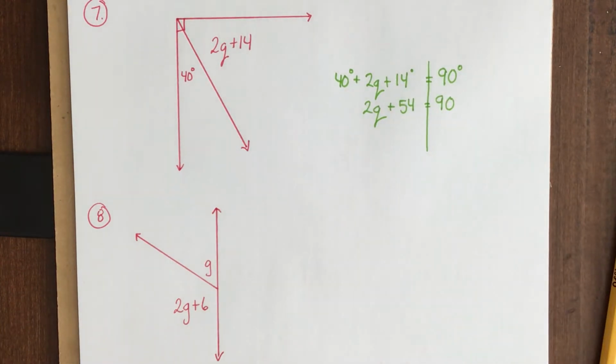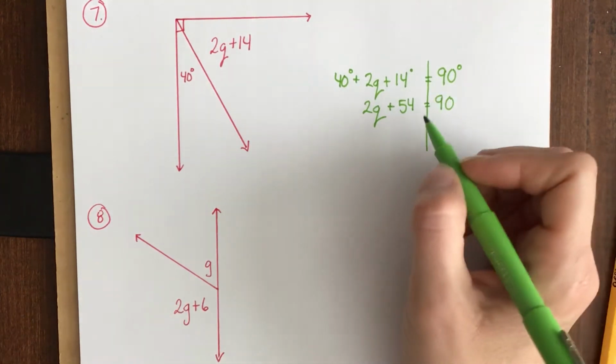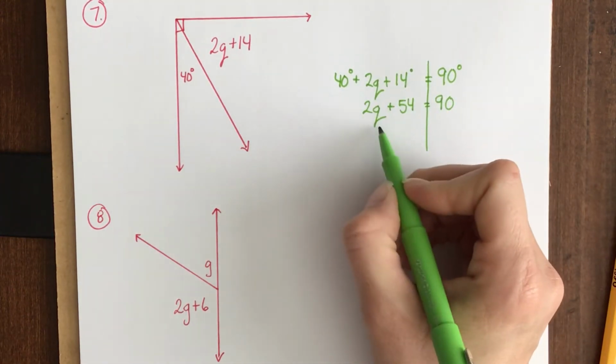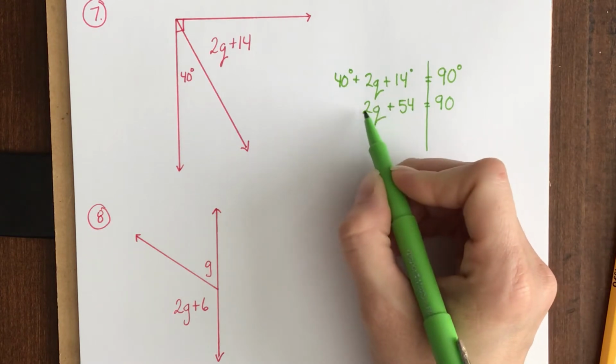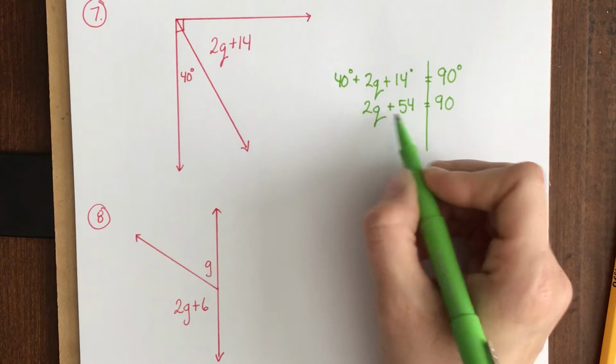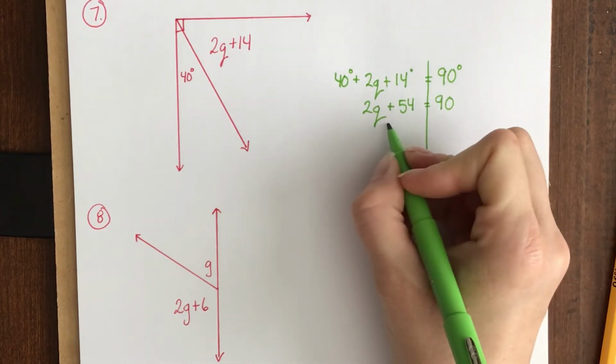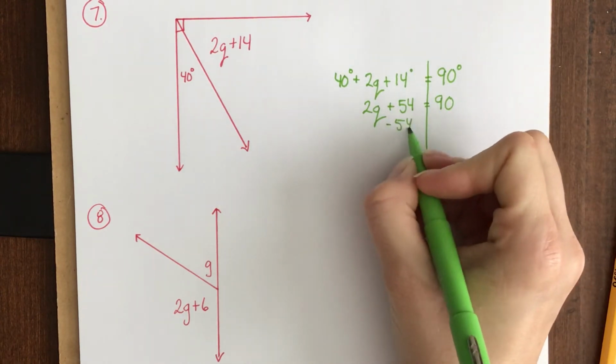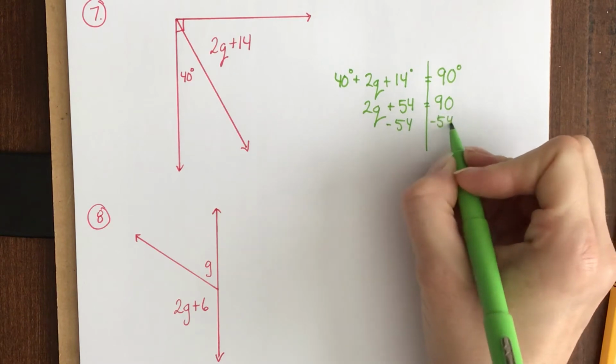Now, if you remember two-step equations, we always add or subtract what we can first. So we identify the side with a variable. There's a multiplication happening and an addition. So we're going to undo the addition first. The opposite of adding 54 is subtracting 54.